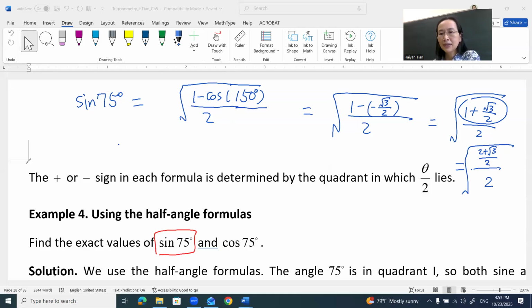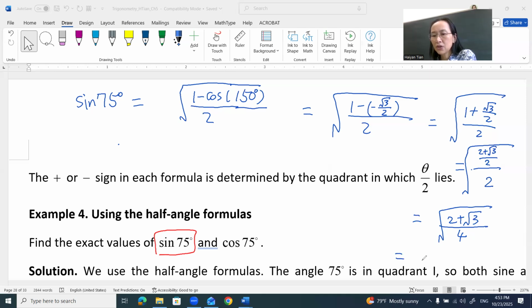And then we get the 4 in the denominator, 2 plus square root 3. So you see 4 is a perfect square, 4 is 2 squared, so it can be outside of the square root.